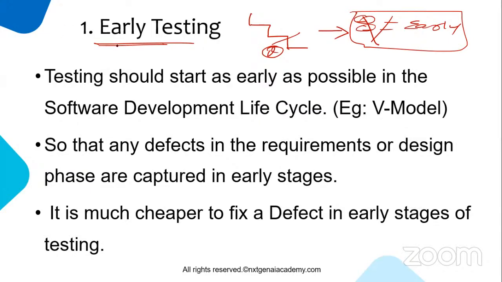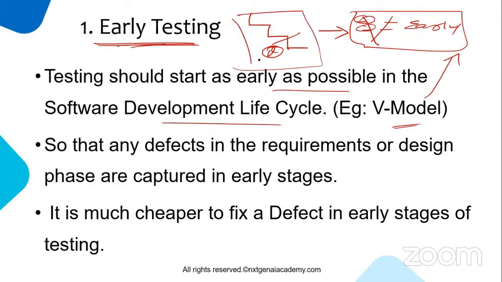That is what it is saying: try to implement early testing as early as possible. Testing should start as early as possible in the software development lifecycle. For example, the V model. But if your project is still working on a waterfall model, you have to go through the requirements in advance and understand them, and then you can implement early testing as early as possible.